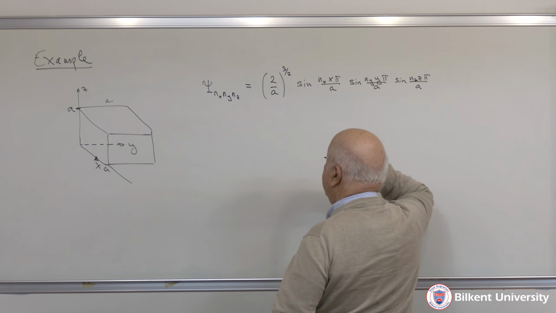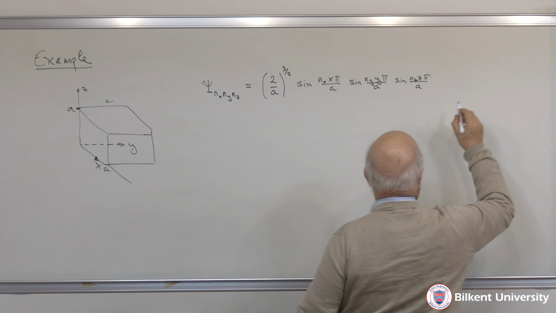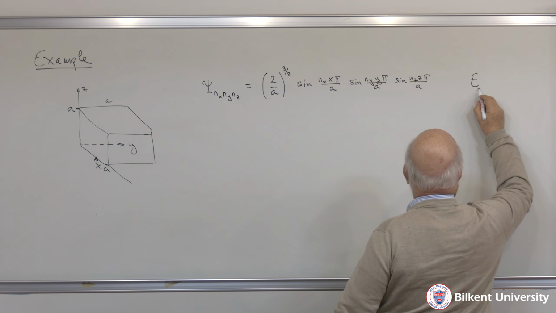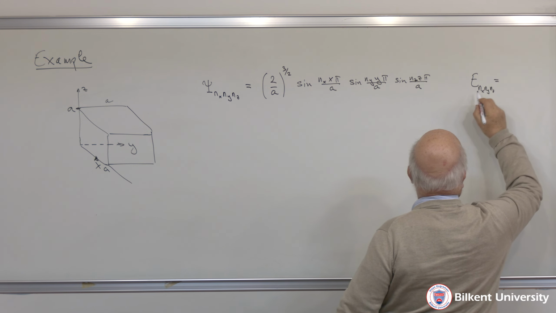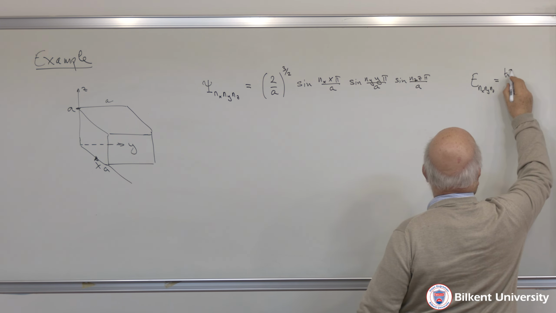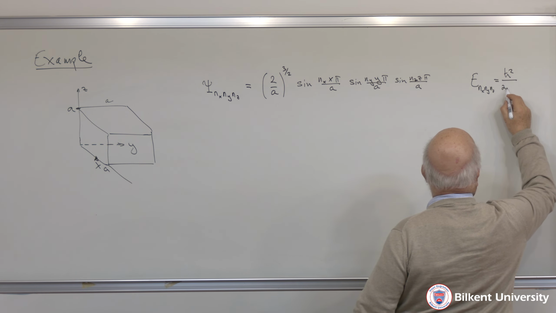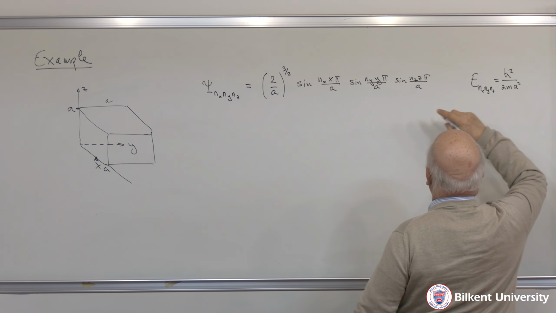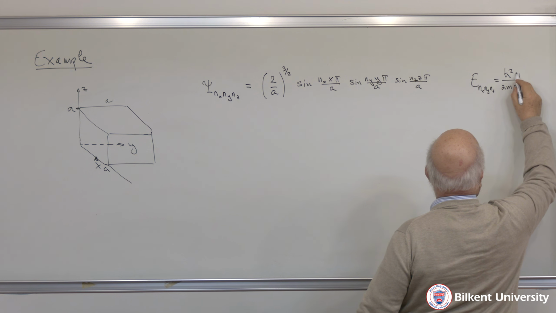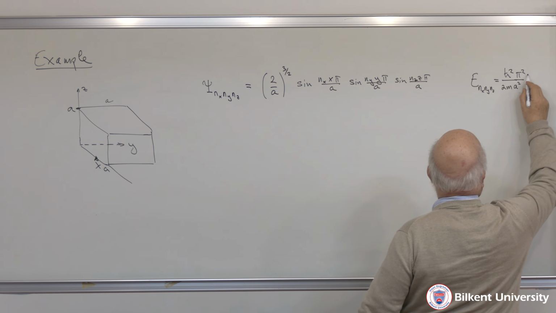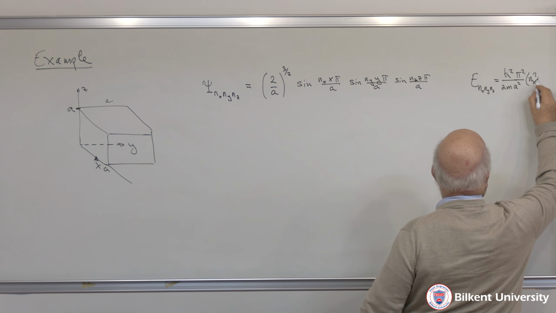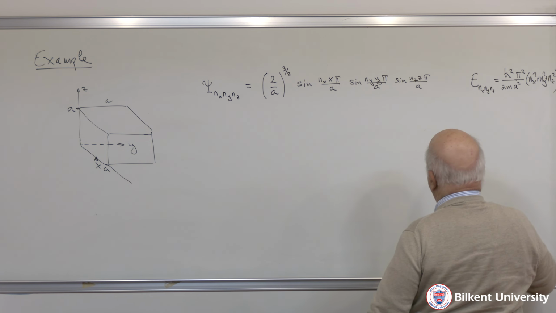Those are the wave functions, and the corresponding energies E nx ny nz are h bar squared over 2m a squared, with a pi squared in the numerator, times nx squared plus ny squared plus nz squared.